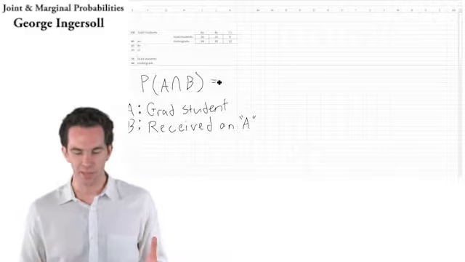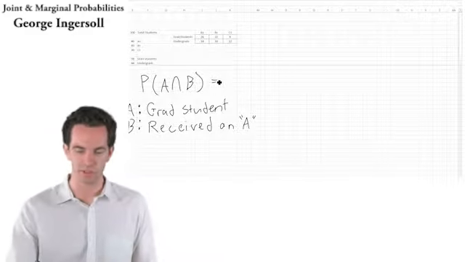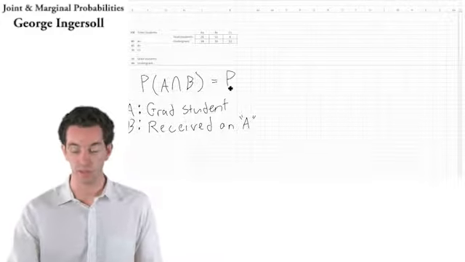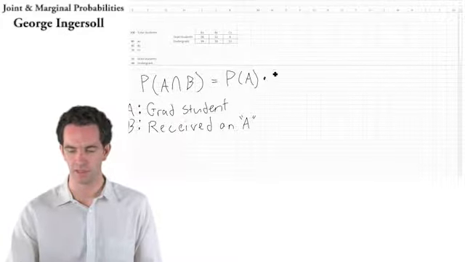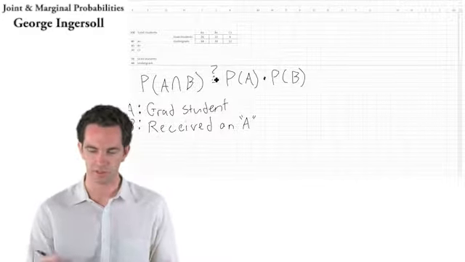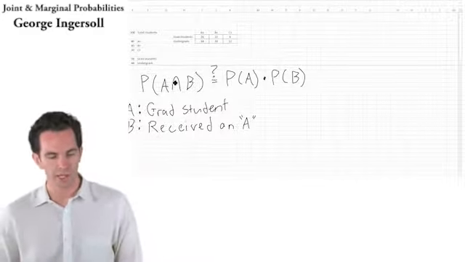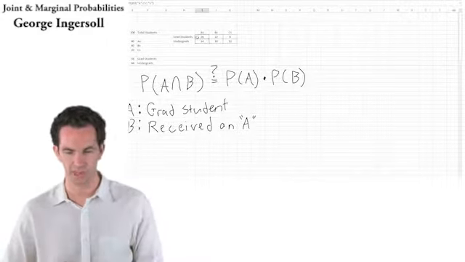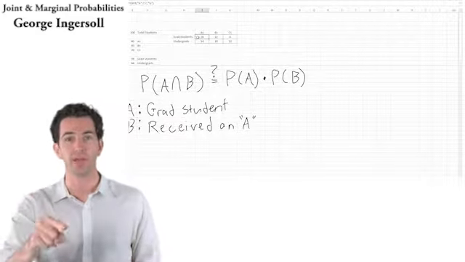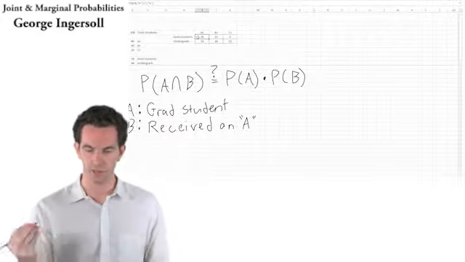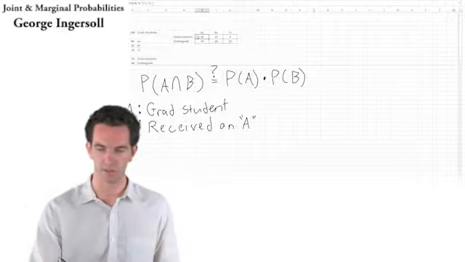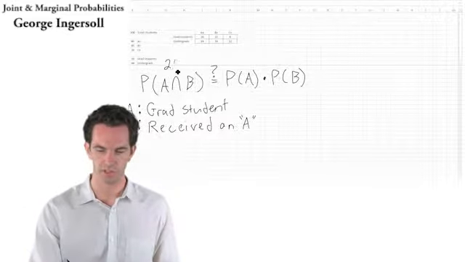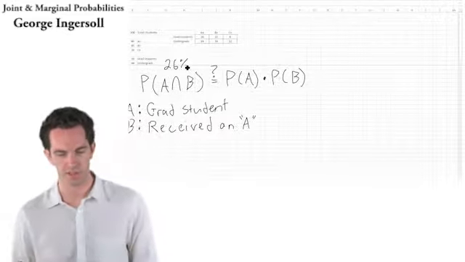If these are independent events, then the probability of the intersection of A and B will be equal to the product of the probabilities of A and B. So this is a question mark: are these equal? Well, let's see. The intersection of A and B here is that they're a graduate and they earned an A. So this is 26% of the class.